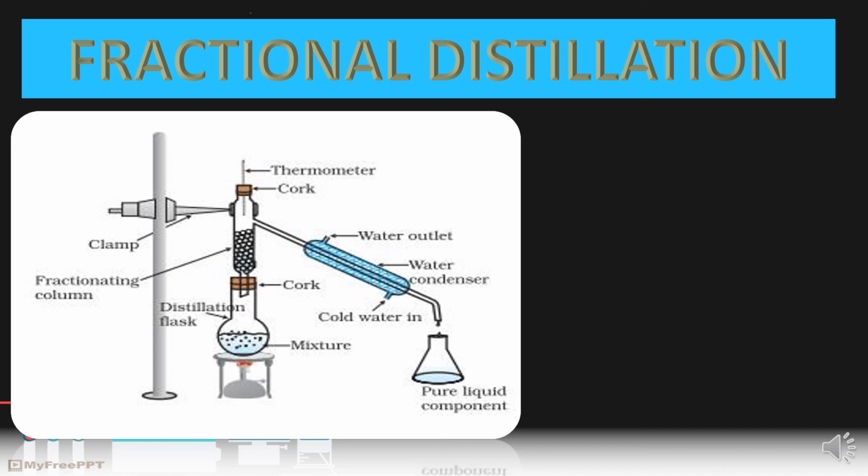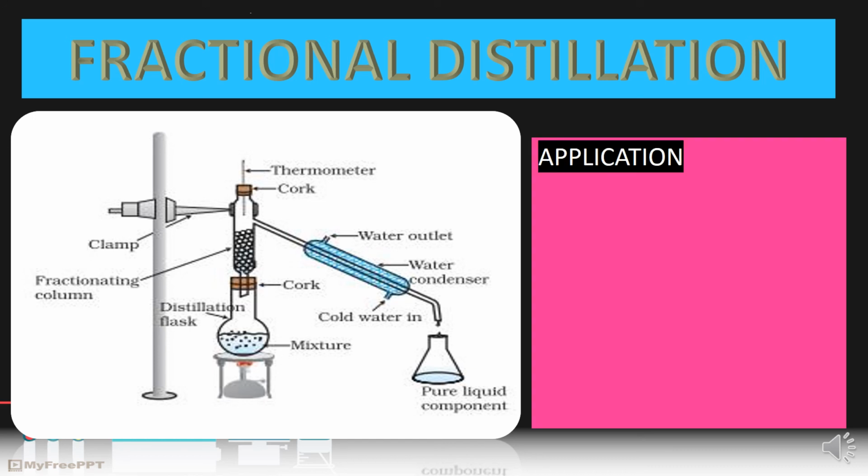In that case, when these vapors are passed through the fractionating column, the beads present in this column provide a surface area to cool down these vapors. So the liquid having the high boiling point will condense back and fall again into the distillation flask, and the liquid with lower boiling point will pass through the delivery tube and condenser and can be separated as a pure liquid.